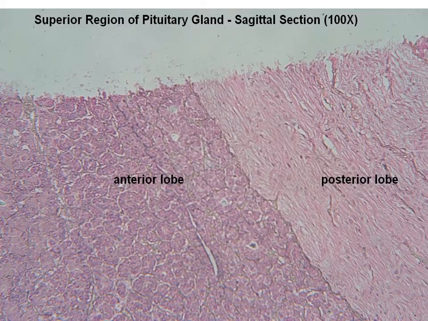This slide is actually relatively low magnification. It's just 100 times magnification. And even although the two lobes of the pituitary gland are sitting there side by side, we can see that they're made up of completely different tissues. The anterior lobe, the front lobe, is the adenohypophysis, and we can see that that's made of glandular secretory tissue.